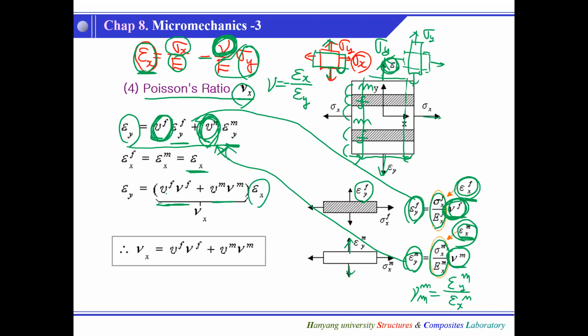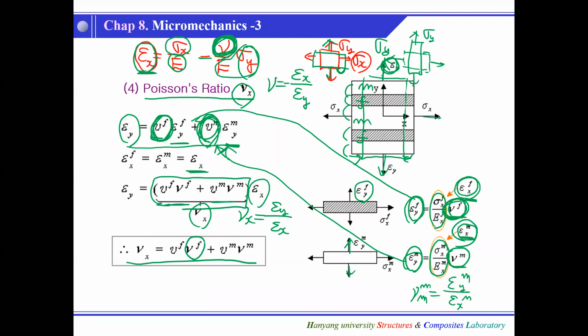So by definition, this will be defined as the Poisson's ratio. Again, EY versus EX is the Poisson's ratio mu x. So this is the Poisson's ratio given in terms of a fiber Poisson's ratio and matrix Poisson's ratio.